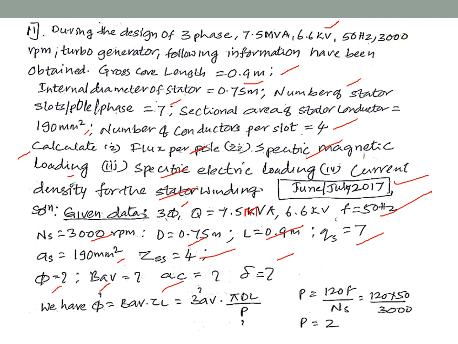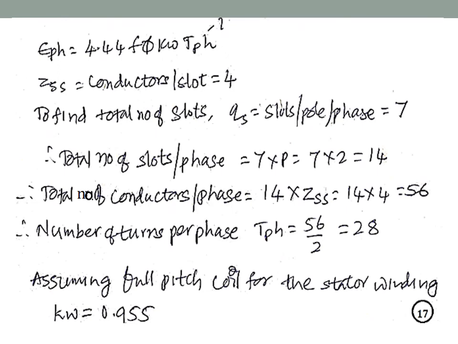So here pi is equal to B average into pi D L by P, that is, B average into 2 L. P is unknown. So from this equation P is found out to be equal to 2. So now EPH is equal to TPH, and TPH is unknown. This can be found out using this. Conductors per slot is 4.